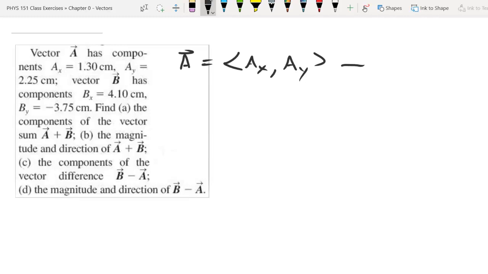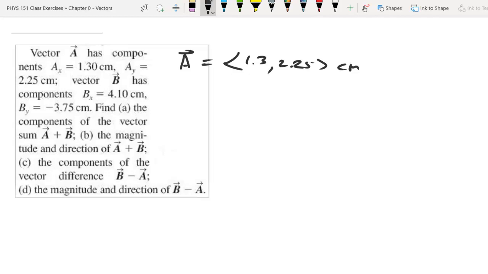So the x component is 1.3 centimeters, the y component is 2.25 centimeters. So we'll write it out here as 1.3 and 2.25, and my units here are centimeters. Put them out there, okay? So that's vector A, I can describe it that way.